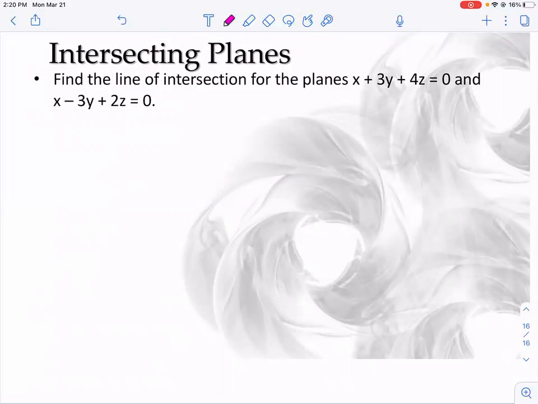Okay, so if we know that the intersection is going to be a line, we know our answer needs to be a set of parametric equations that represent a line.